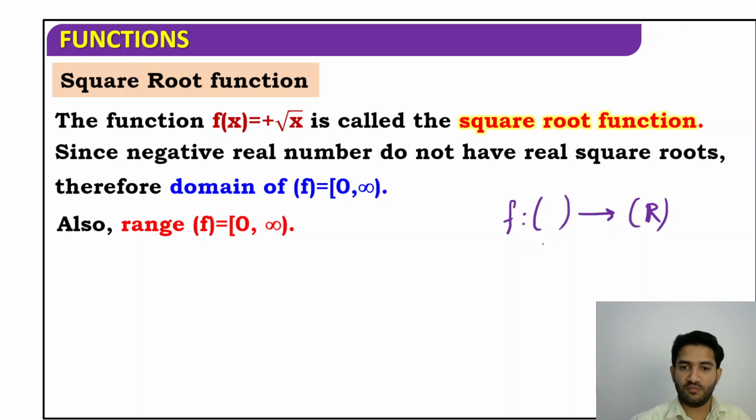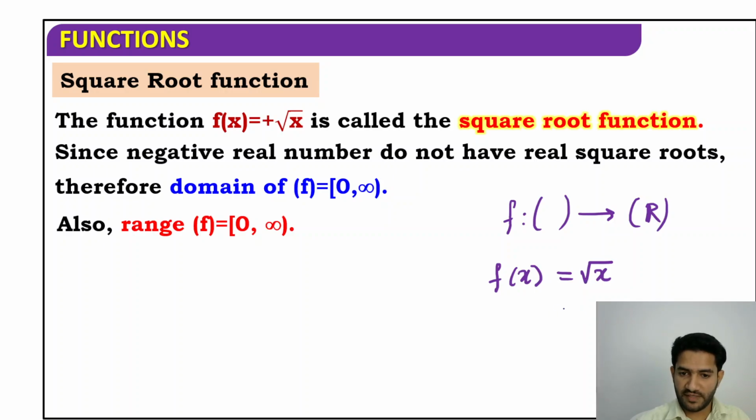For that, we are considering the function f of x is equal to square root of x. It's a real function or real valued function. So clearly, square root of a negative number is not a real number. We have studied from grade 9 or grade 10 onwards, we cannot find the square root of a negative number.